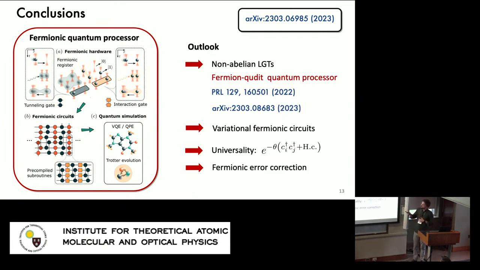We actually have another paper where we push this even a bit further by saying, well, we already thought about fermions, we thought about qubits, maybe we can go one further step and make it a fermion-qubit processor, okay? We had a closer look at the native gates you would need to actually simulate particle physics, which involves more complicated gauge fields, which is where the qubits play a role, and also more complicated interactions in general.